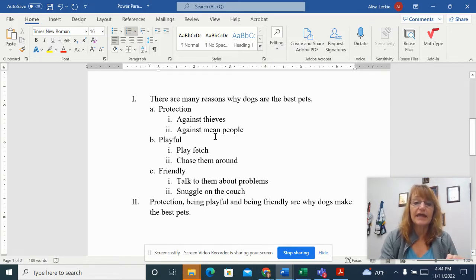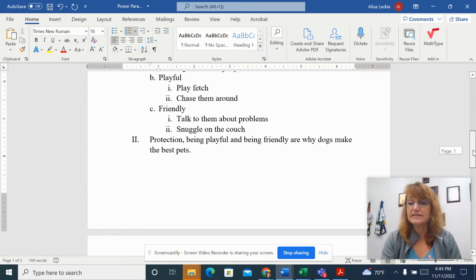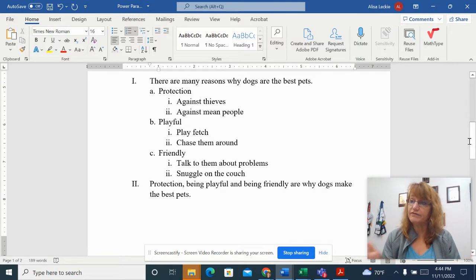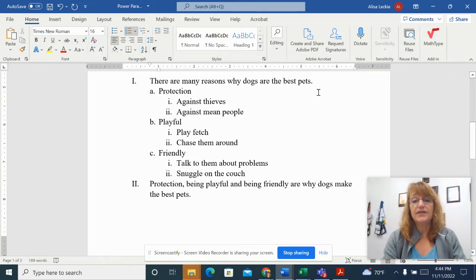And then I give some examples and details about how they protect, how they're playful, and how they can be friendly. And then notice that my concluding sentence is where I again will write a fuller sentence that uses my reasons as the beginning part of my concluding sentence, and then tie it back to the topic sentence.